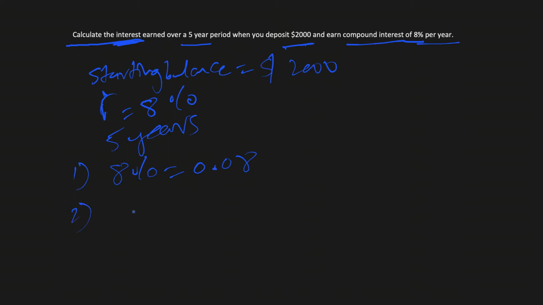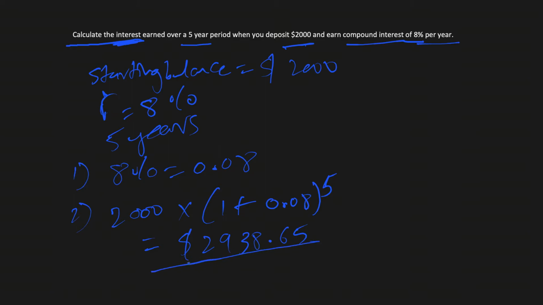Second step is to substitute all the values into the formula, which is starting balance, in this case 2000, times 1 plus interest rate in decimal, to the power of nth, which in this case would be 5. And if we solve this, we get $2,938.65. Now remember, this is the final balance after 5 years and a compound interest of 8%.